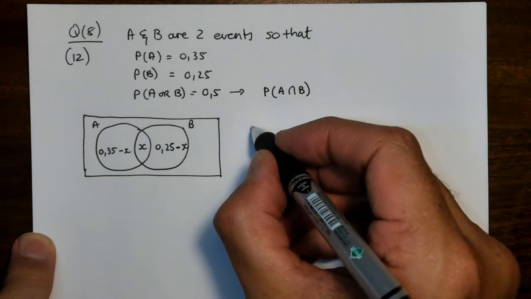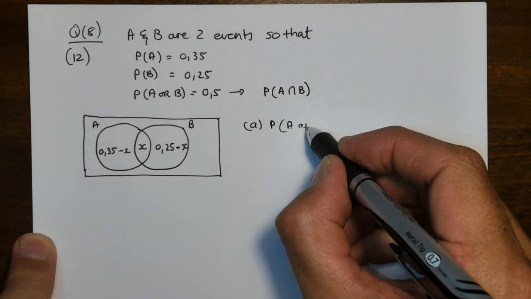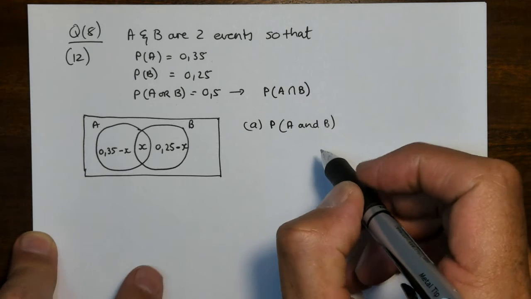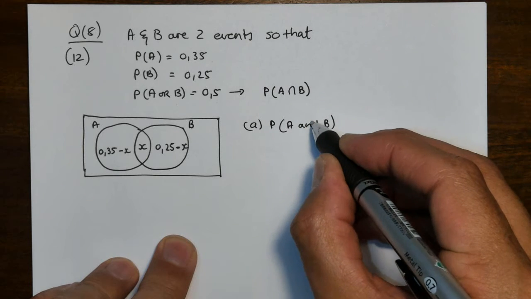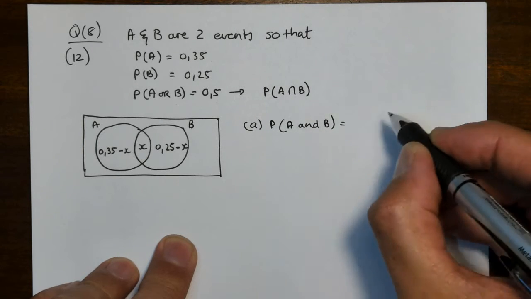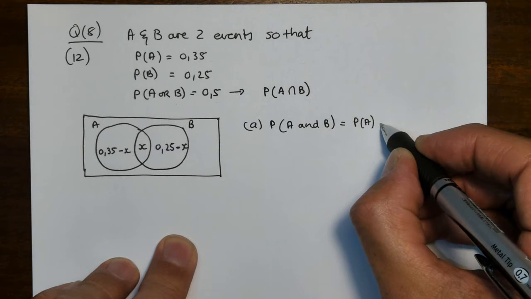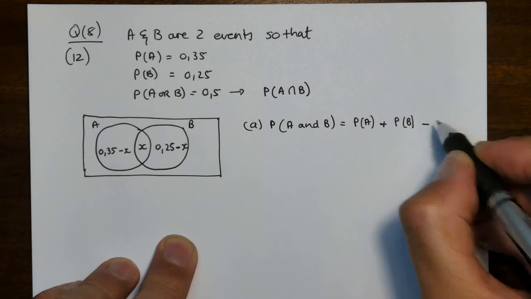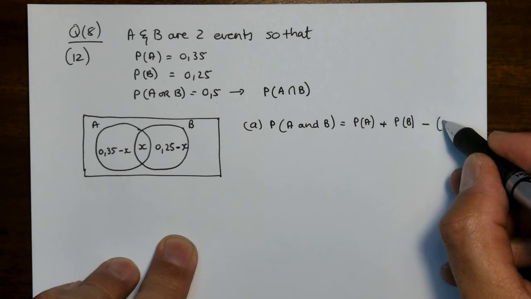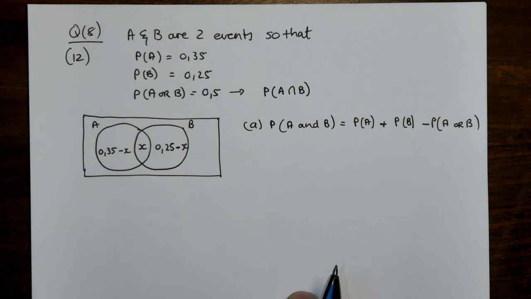Now they say the probability of A and B. Now the AND indicates a union of the two. So that probability, by the rules you know, is the probability of A, plus the probability of B happening, minus the probability of A or B, so the intersection of the two.